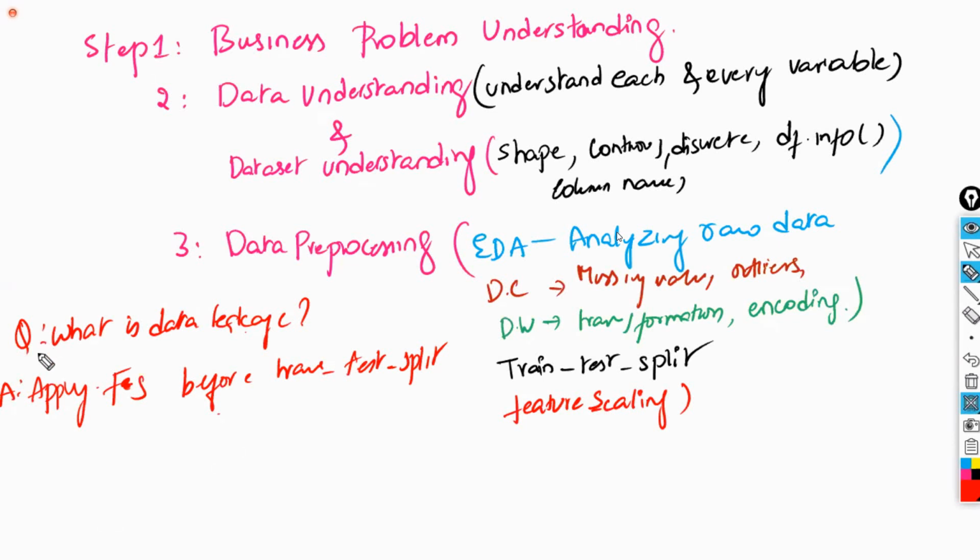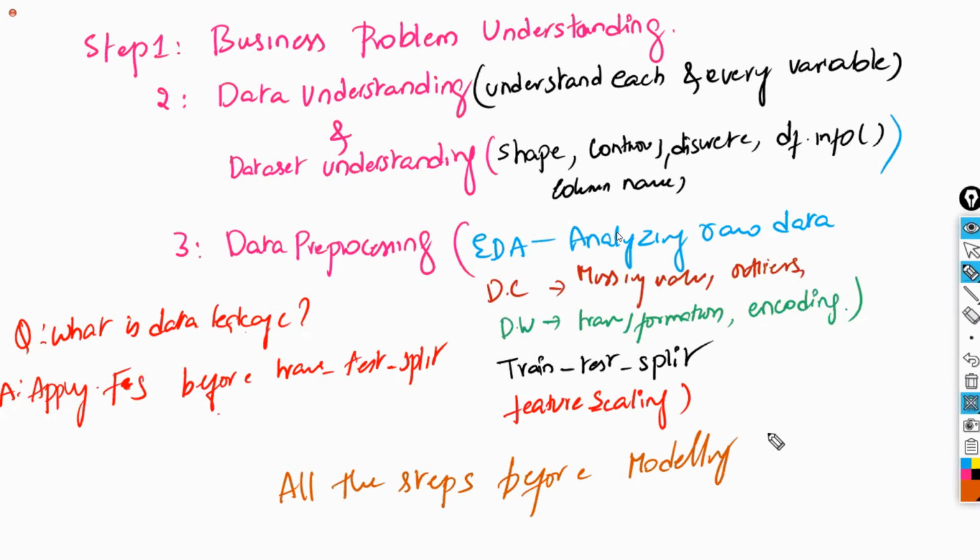This is the data pre-processing. You have to do all these steps before going to the modeling, irrespective of machine learning. Whatever model you are going to apply, you have to do these things. They are not going to change based on the algorithm.